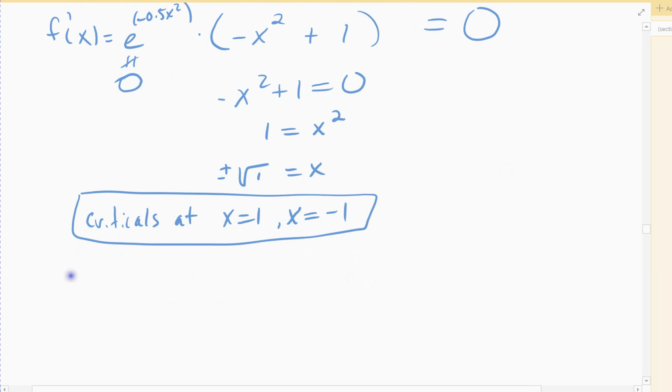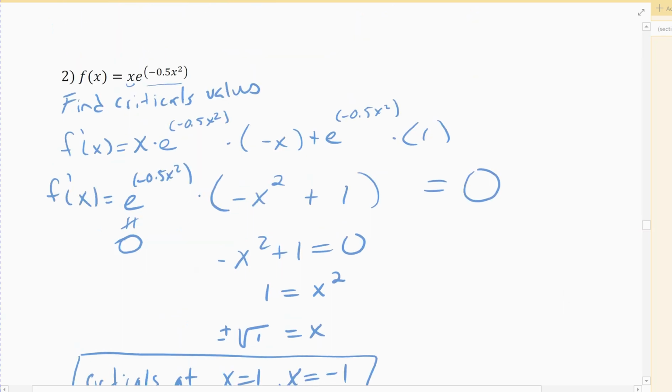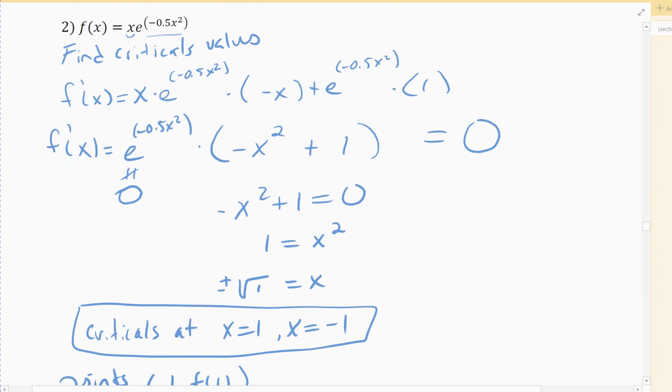To find my critical points, I would take 1 and plug it into my original expression, and take negative 1 and plug it into my original expression. So remember, the original expression was x e to the negative 1/2 x squared. I'm going to get the same thing for both positive 1 and negative 1.